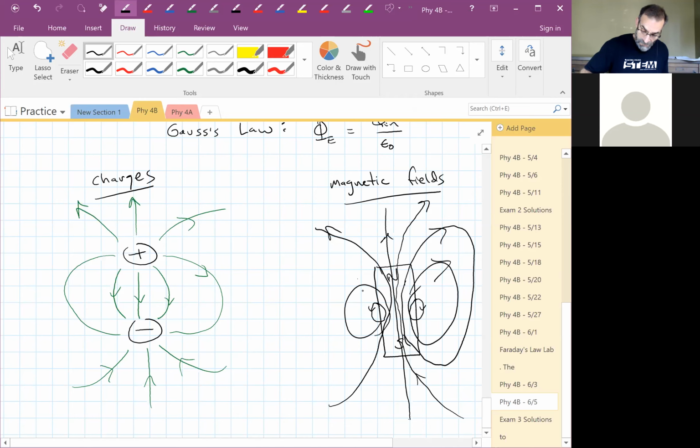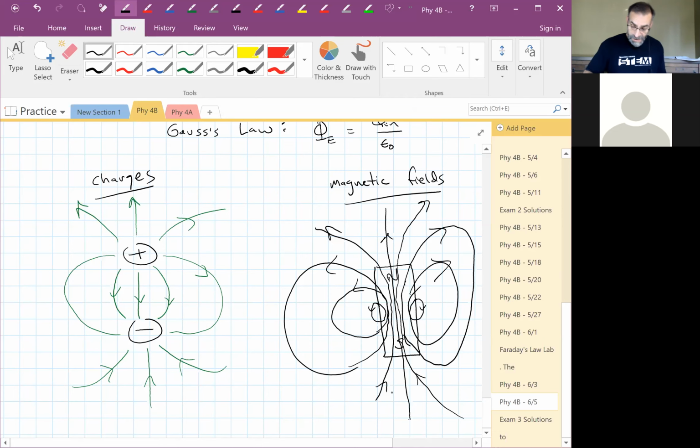You get the idea. Okay, so now I should have made it symmetric here. Hold on. Boy, that's ugly. Okay, not as ugly.